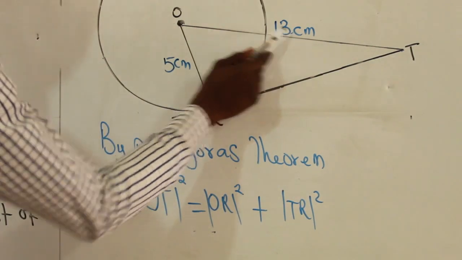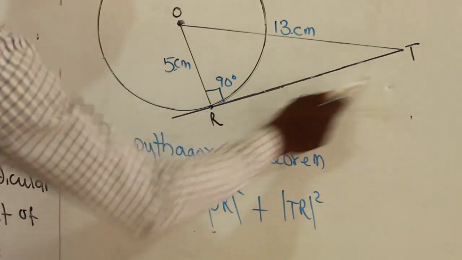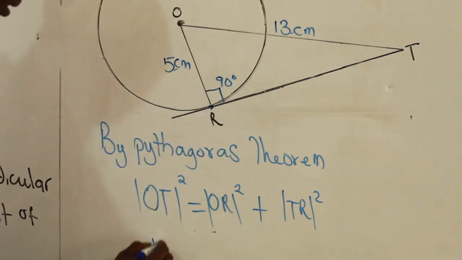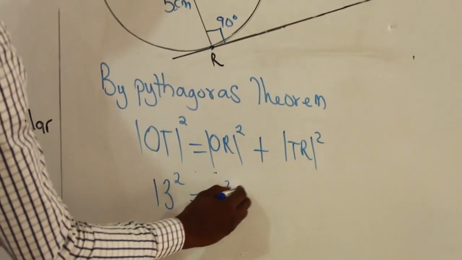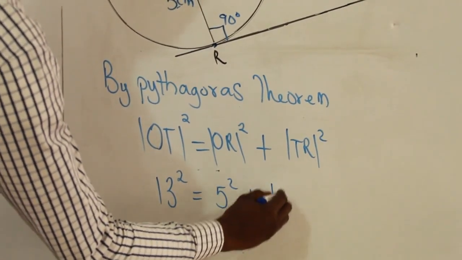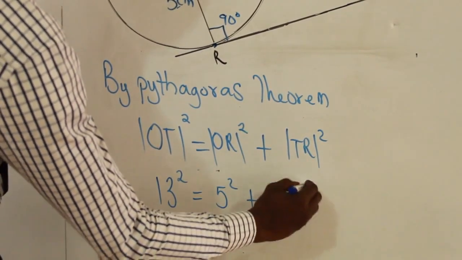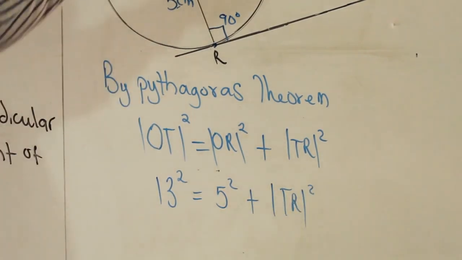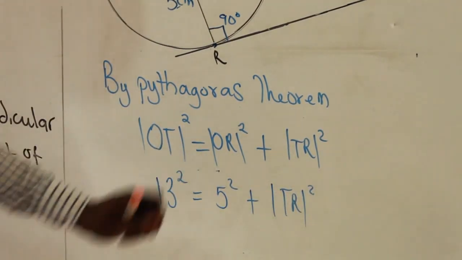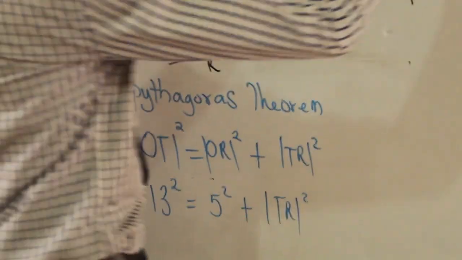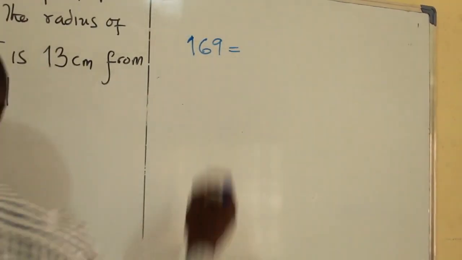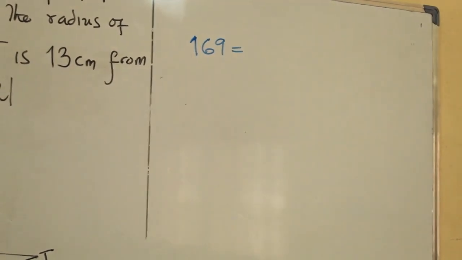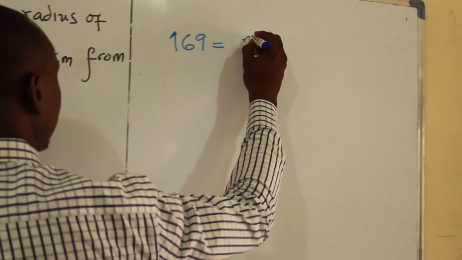So 13 square is equal to 5 square plus TR square. So I write that 13 square is equal to 5 square plus TR square. So on the other side of the board, 13 square is 169. 5 square is 25.